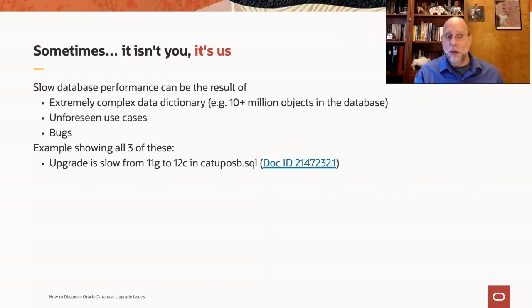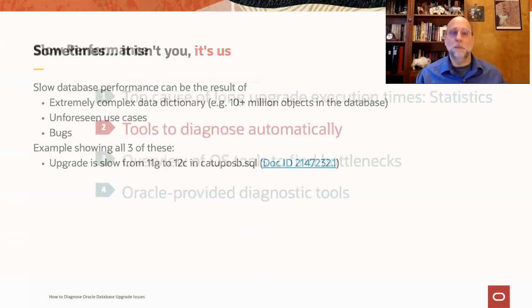There was a bug where, well, we considered it a bug, where we were updating one of the dictionary tables, and then when we queried it later, our update had caused the stats on that table to go stale. So in between the update and querying later, we gather stats. So we fixed that. That's just an example of the kind of things that can happen, and we do address those whenever we find them.